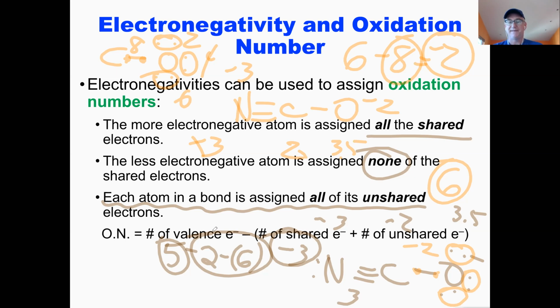It's sharing 8 electrons, right? It's got a triple bond on one side and a single bond on the other. So there's a total of 8 electrons being shared with carbon. But because it's not as electronegative as either atom on either side, does it get to keep any when we're considering its oxidation number?